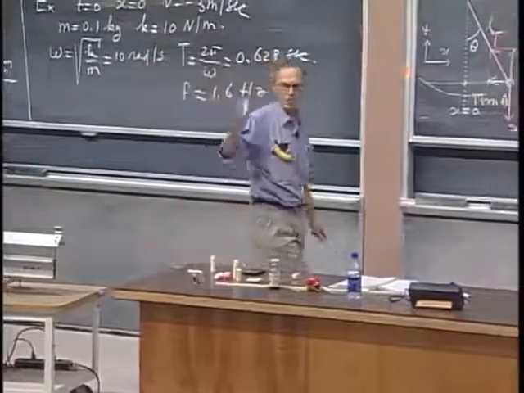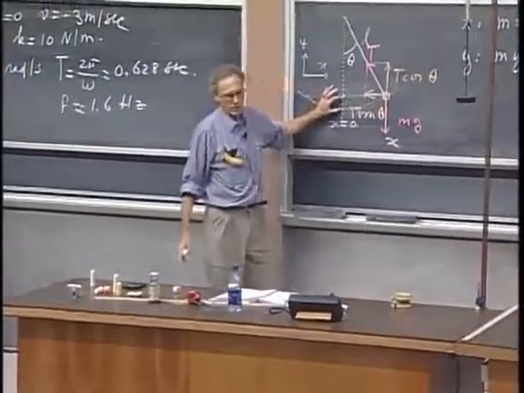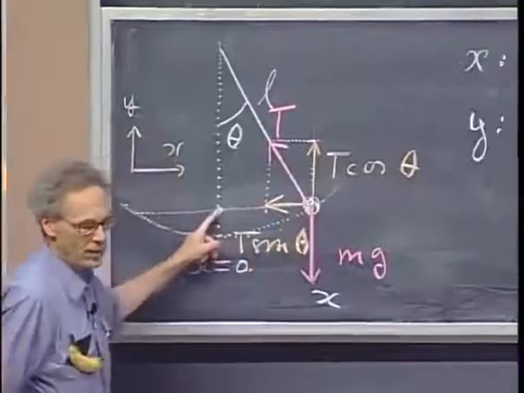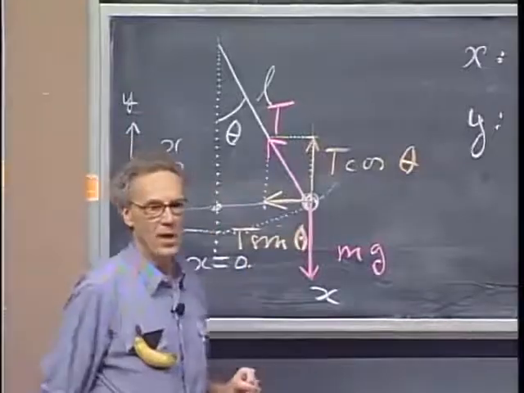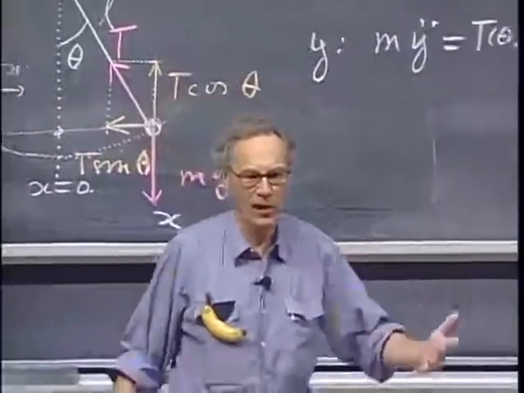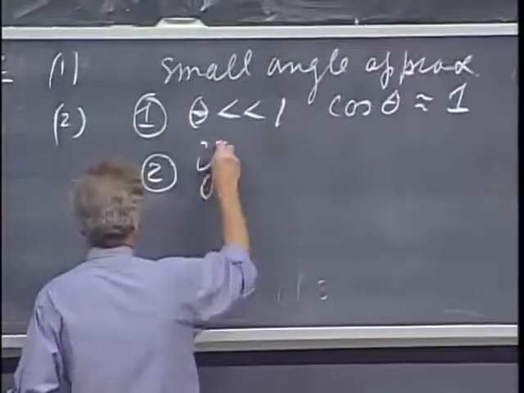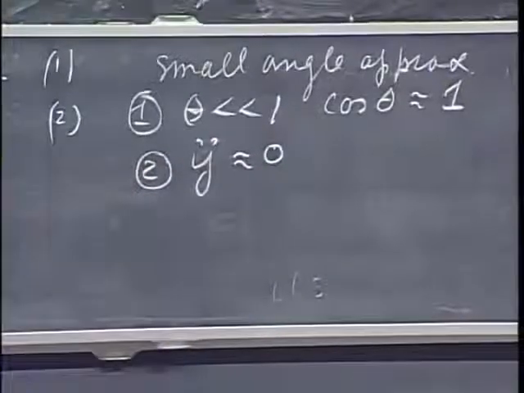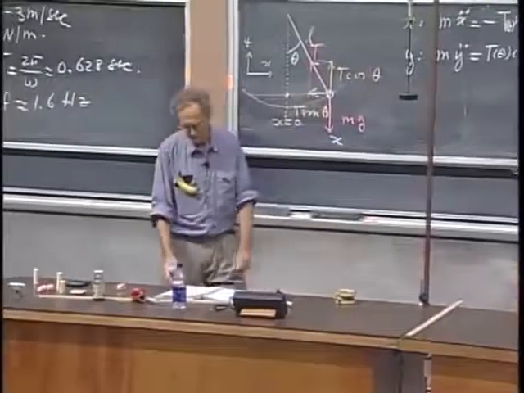I'll give you an example. At 5 degrees, this excursion is only 4% of this excursion. At 10 degrees, this excursion is only 9% of this excursion. And since the excursion in the y direction is so much smaller than in the x direction, we say that the acceleration in the y direction can be approximated to be roughly 0. There is almost no acceleration in the y direction.